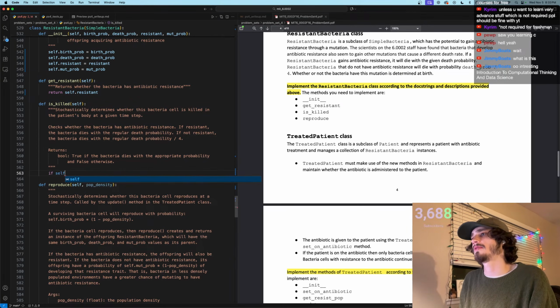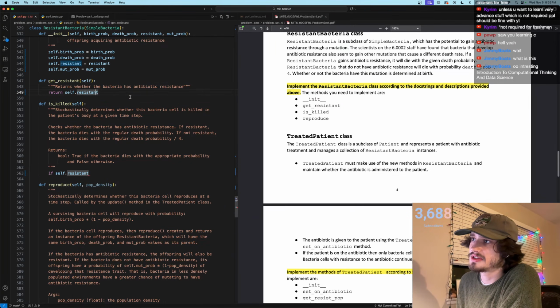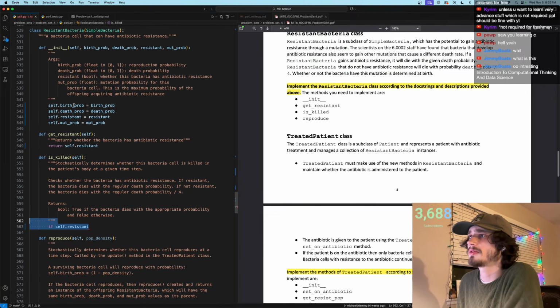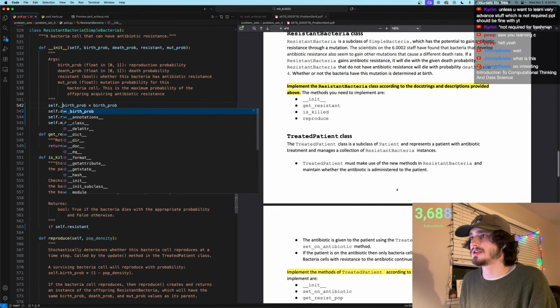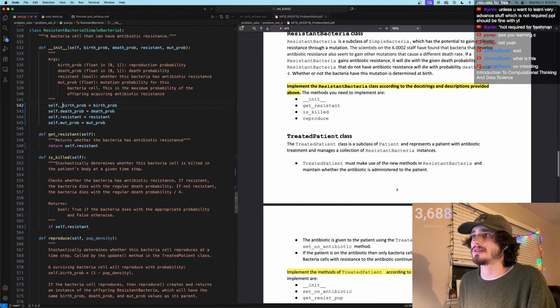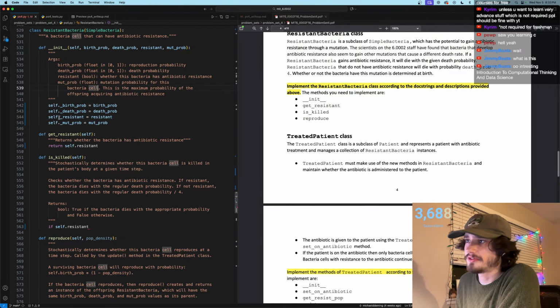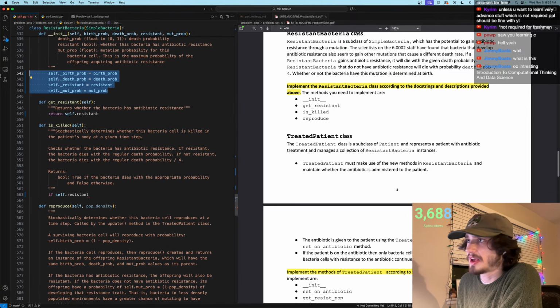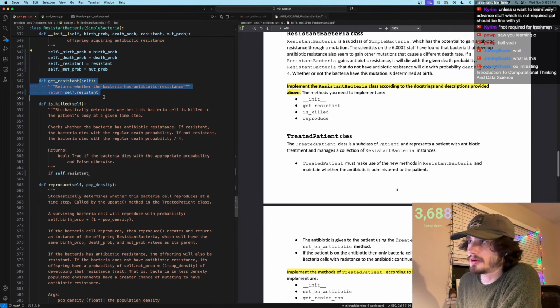Okay, if self.resistant. Why would I have self get resistant here when I can just refer to my individual variable? Maybe it wants me to abstract these into prefixed or underscored variables, which is Python slang for do not mess with this, and then call it with a getter.